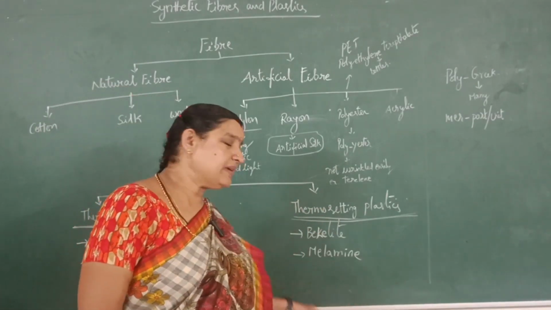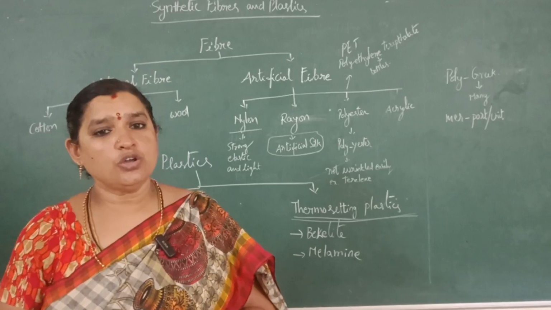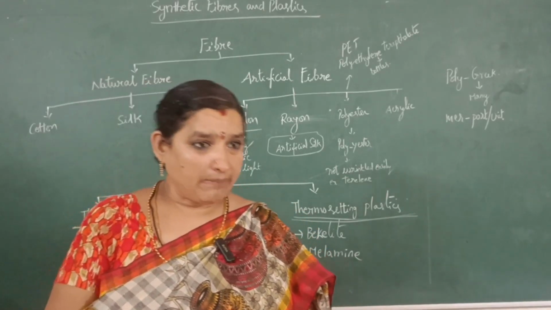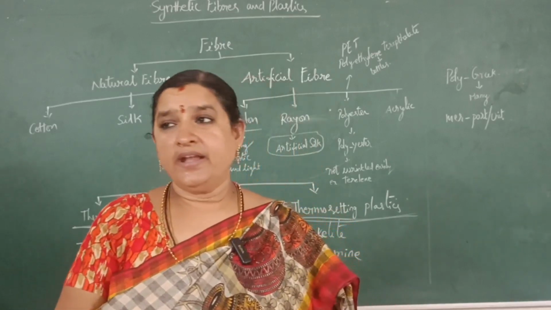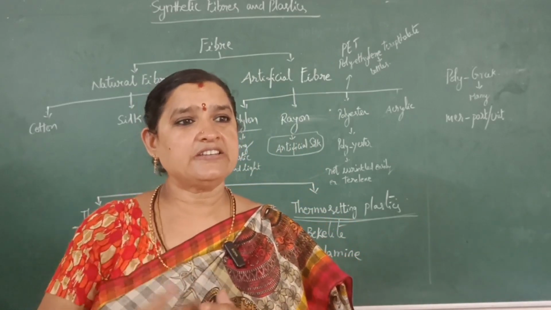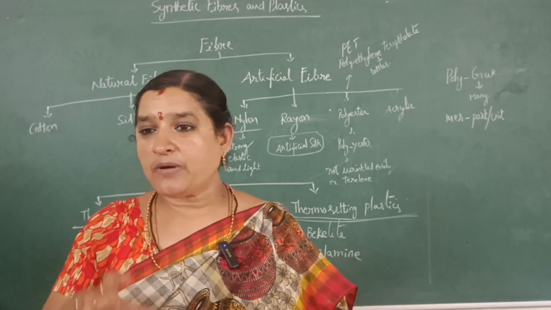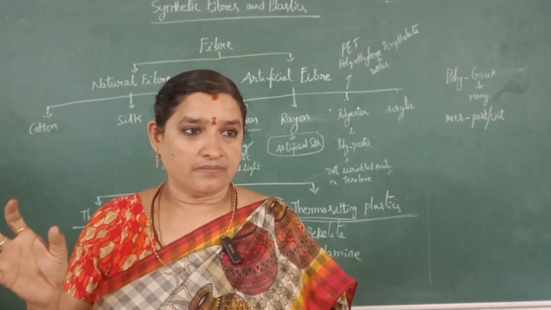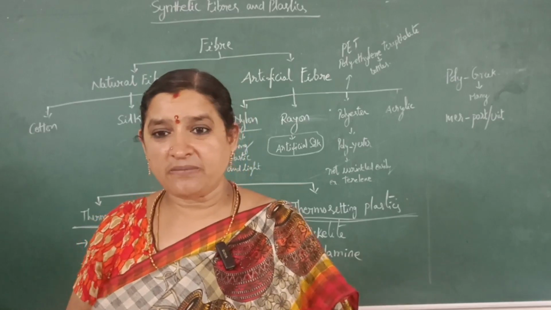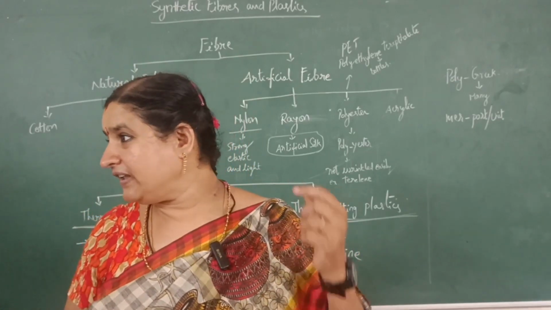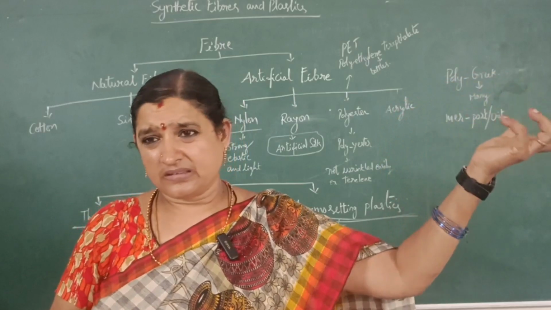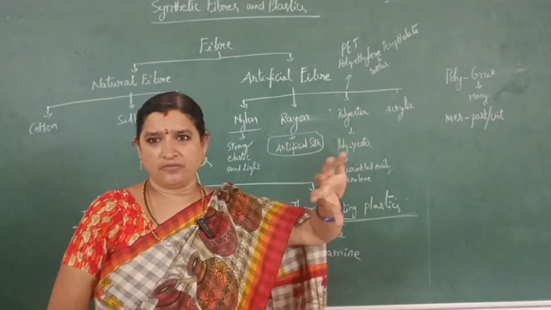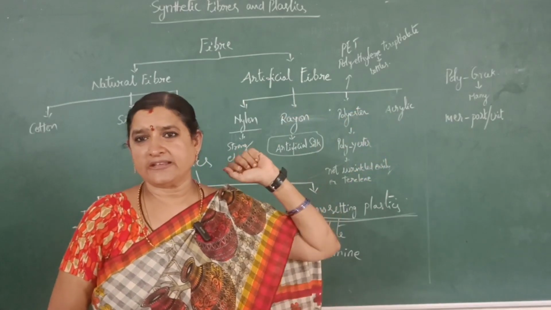Where do we use melamine? Melamine is also used in utensils. Most utensils are made of melamine. Also, fire-resistant dress is made of melamine. If there is any fire accident, firemen wear a special kind of dress and try to serve the people in trouble from the fire accident.